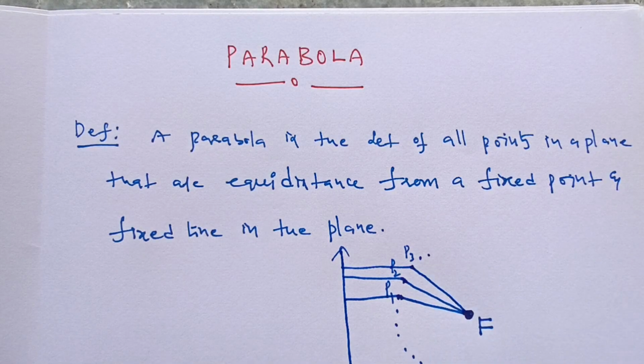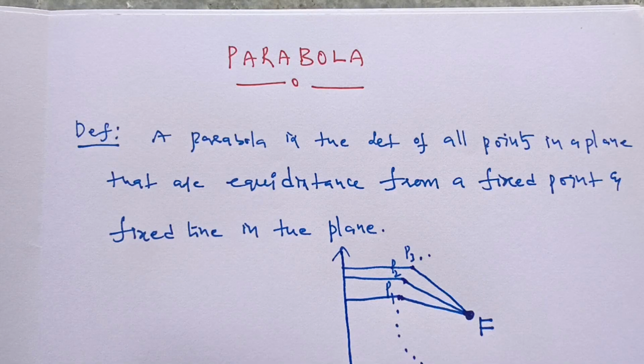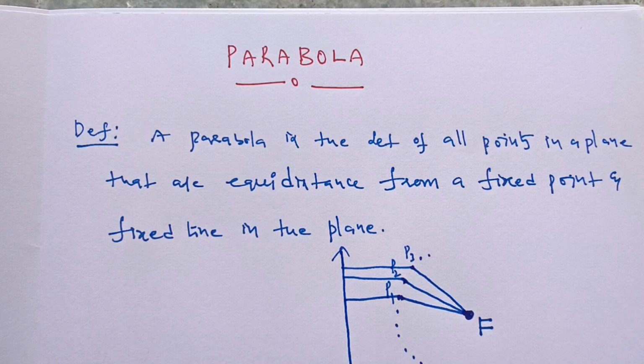Here the fixed line can be denoted as L. Here the fixed line is called the directrix.